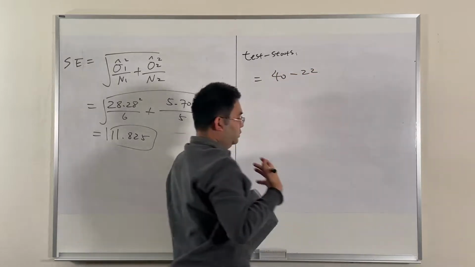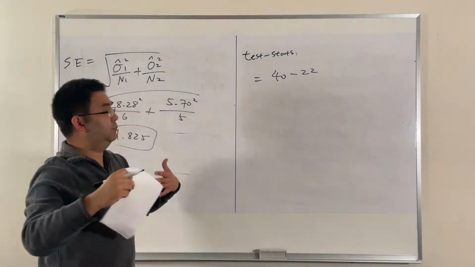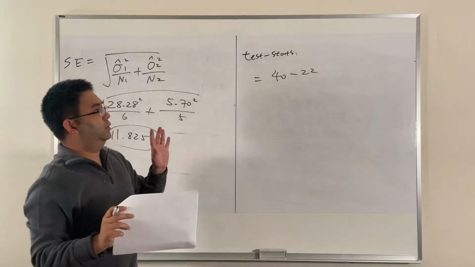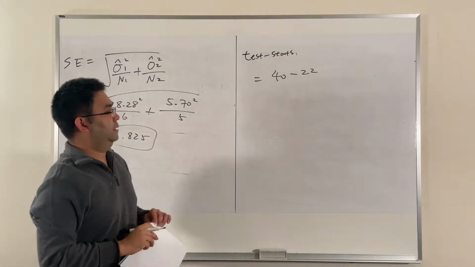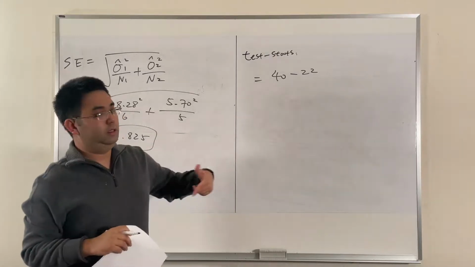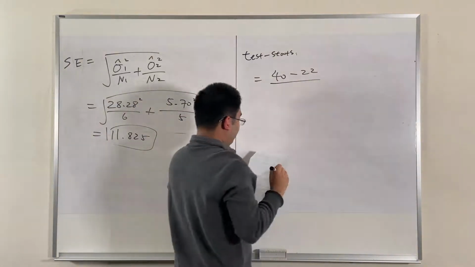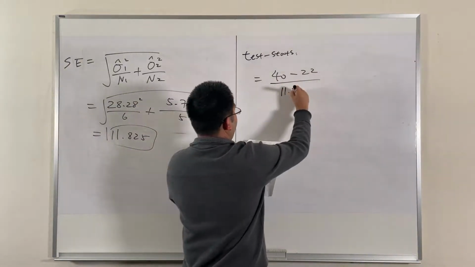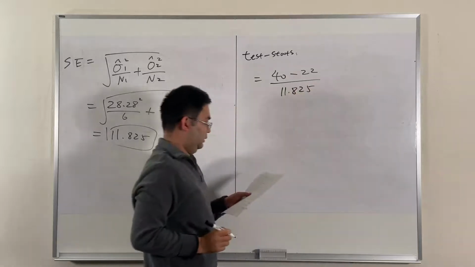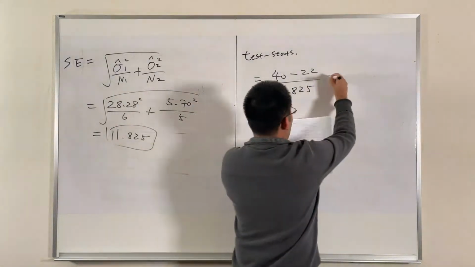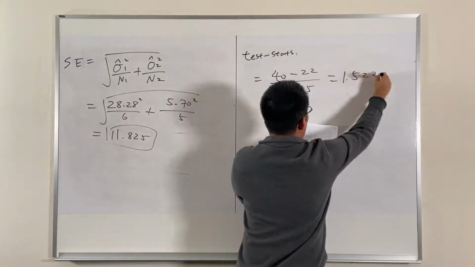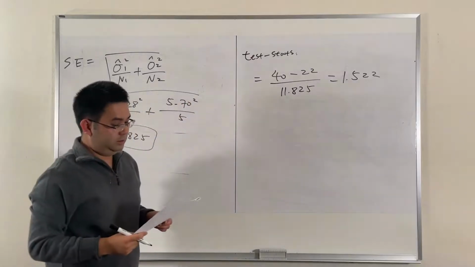So we assume the weekday is the observed value, and the weekend is the value we want to test. This is divided by the standard error, which is 11.825, and that equals 1.522. That's our test statistic.